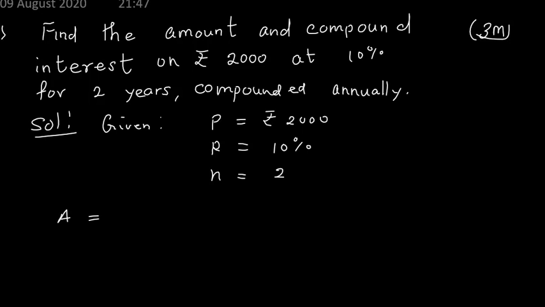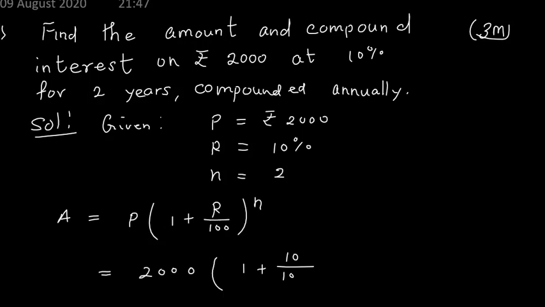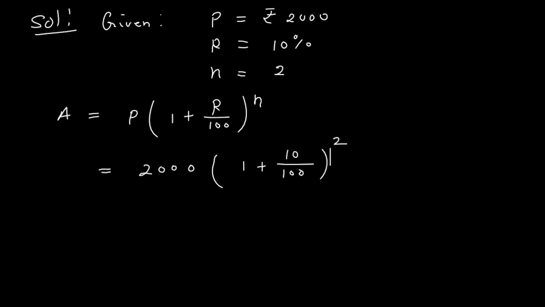So first we will find amount. For amount, the formula is P into 1 plus R upon 100 the whole power N. So we substitute respective values. 2000 into 1 plus 10 divided by 100 whole power 2. This gives us answer as equal to 2000 into, this 0 and 0 will cancel, 1 plus 1 upon 10 is 11 upon 10.